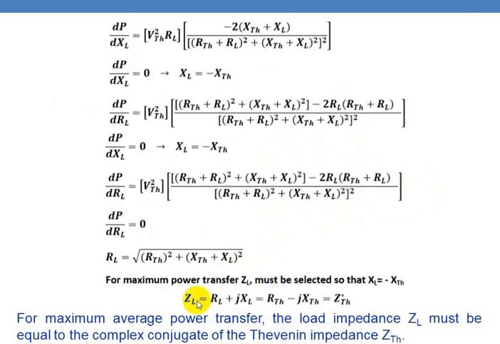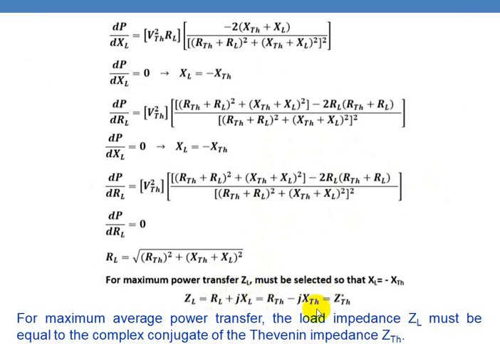The load impedance should be equal to RTH minus jXTH. That is, it should be the complex conjugate of the Thevenin impedance. So RL should be equal to RTH and XL should be equal to minus XTH.